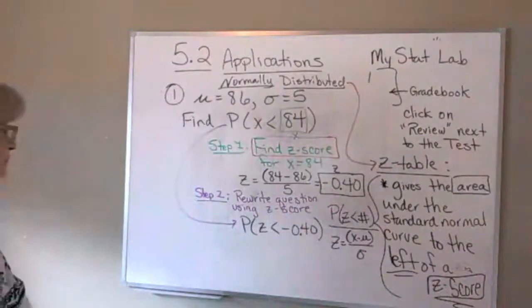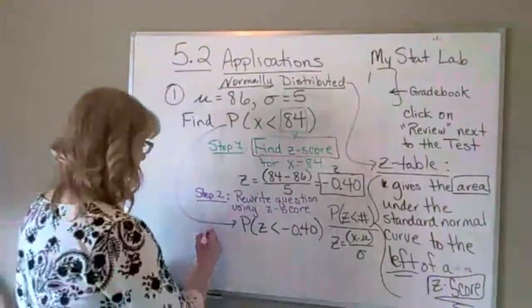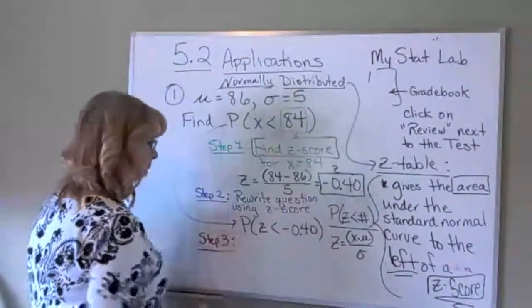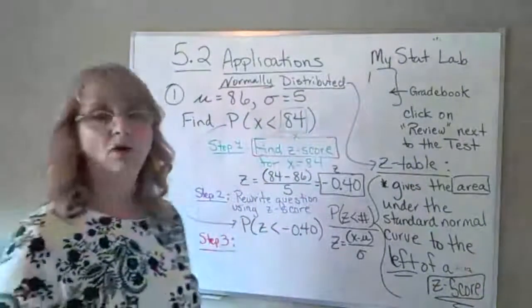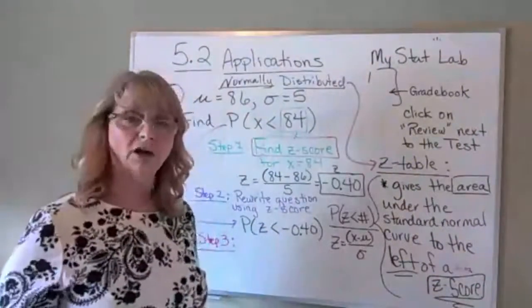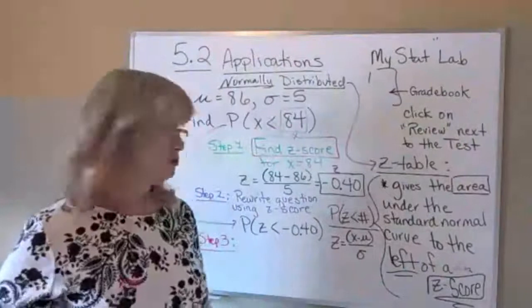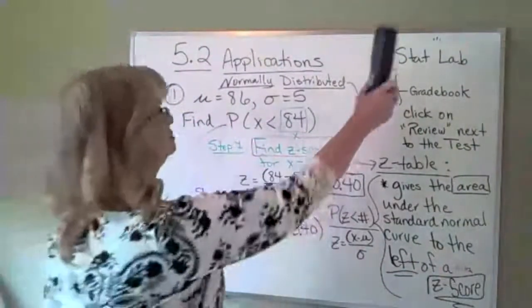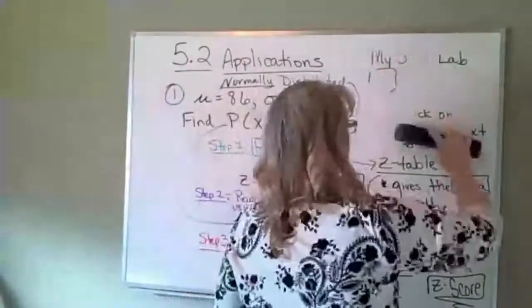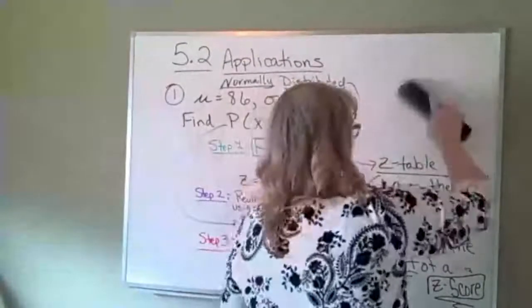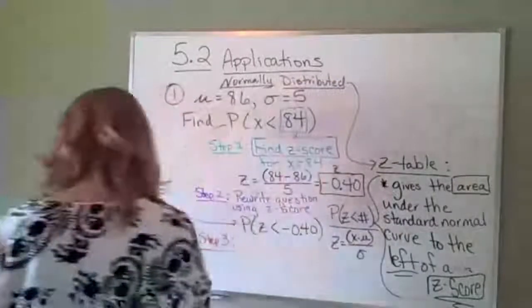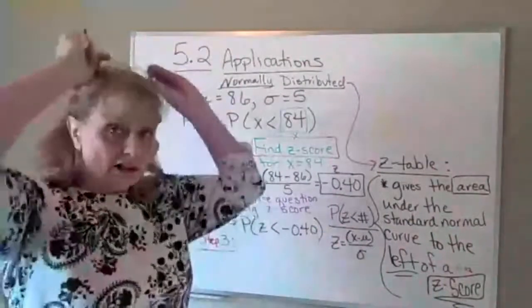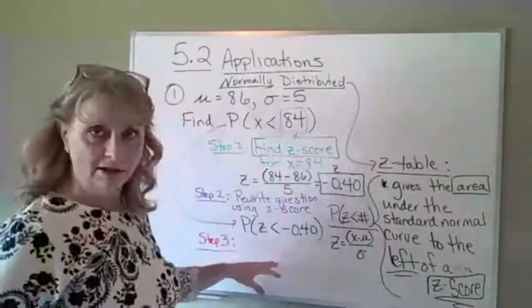Now, my step 3 is going to be to draw a picture of what you're looking for. And I want you to start drawing pictures. And I'm going to need to erase so that I'm going to do step 3 up here. So step 3 is going to be to draw a picture and look up the area to the left.